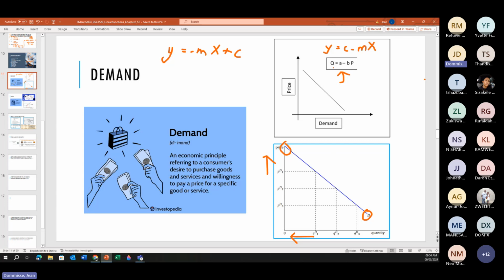So here you would have seen we have Q, we have price, so everything is in the same type of formula as a straight line.